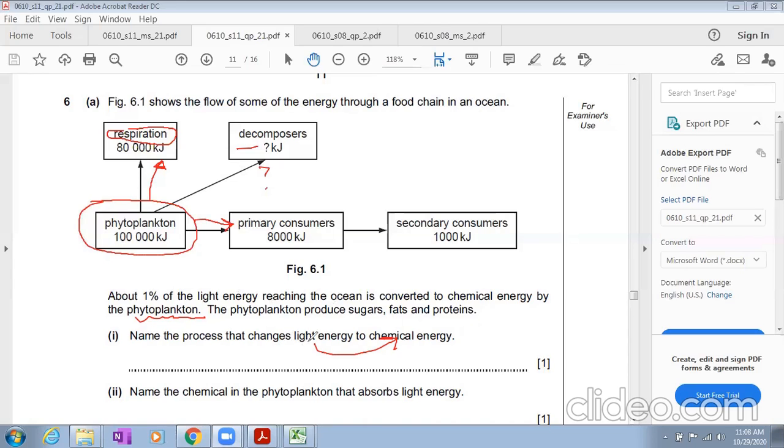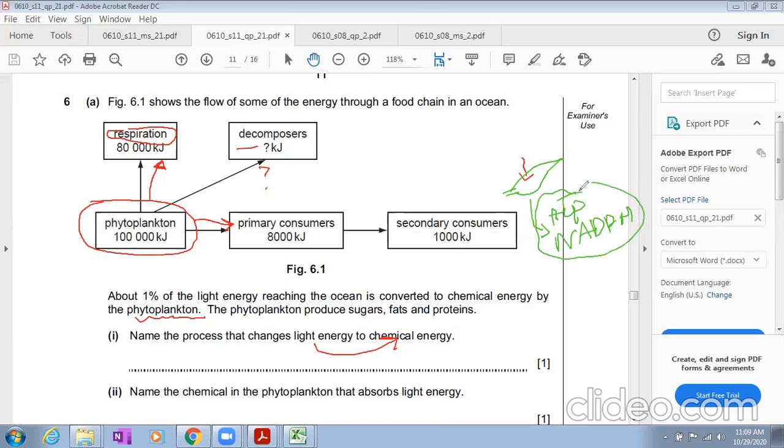In this process, the plant, here phytoplankton, absorbs light, and they convert that light energy into ATP and NADPH, which are forms of energy.